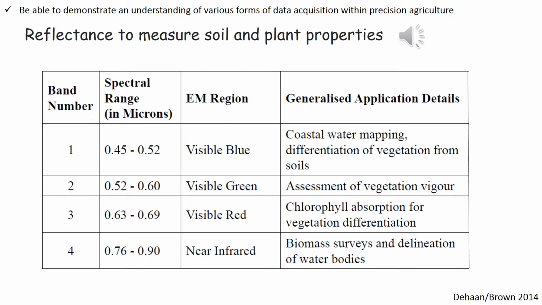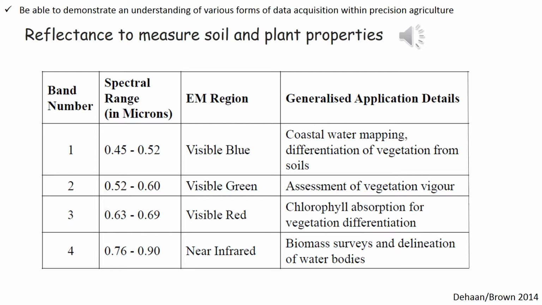Now we're referring to these different spectral ranges as bands, and each of these bands refers to the information collected by each radiometer. So band 1 is collected by your visible blue radiometer, or the radiometer measuring reflectance from the visible blue spectral wavelength. And again, green is band 2, red is band 3, and near infrared is band 4.